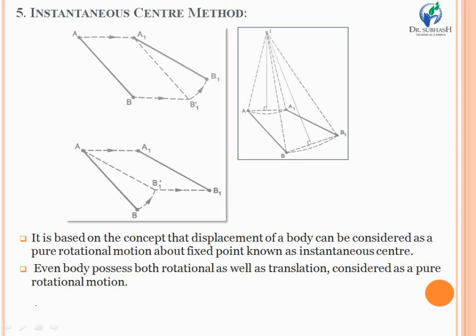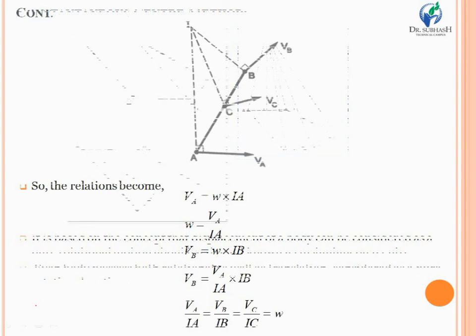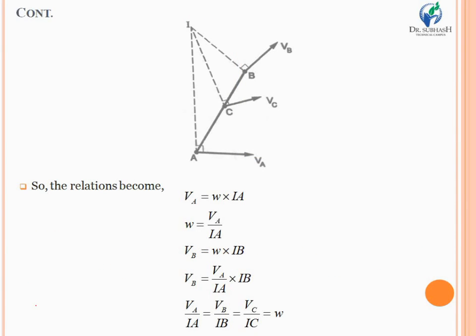Now you have to relate the linear velocity with the angular velocity, so the relation becomes VA is equal to omega into IA, where IA is the distance between the instantaneous center and point A. From that relation you can easily calculate the angular velocity: omega is equal to VA upon IA.